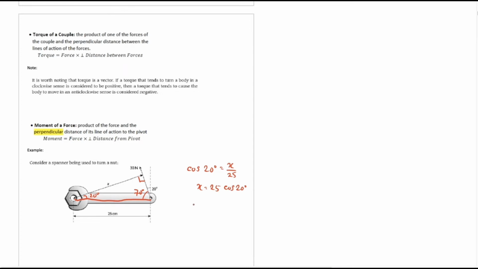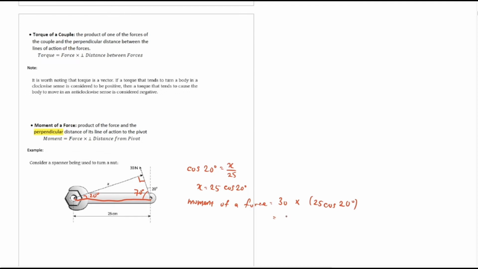And because of that, I can find a moment. The moment of a force is equal to the force itself, 30, multiplied with the perpendicular distance, 25 cos 20 degree. And then you get a moment.